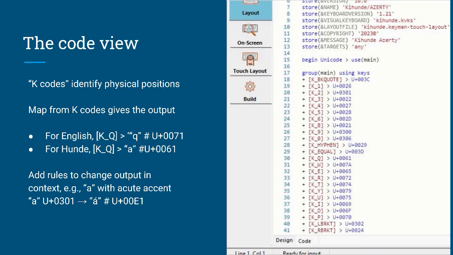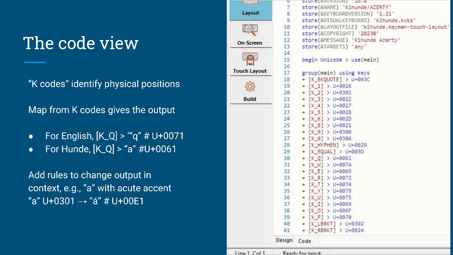It is important to note that from that Keyman physical layout, or the layout picture that you saw, what's actually being generated is a set of Unicode characters based upon the positions of the actual keys. So this is sort of the physical description of each key. The K codes define the physical positions that would be on a QWERTY device.